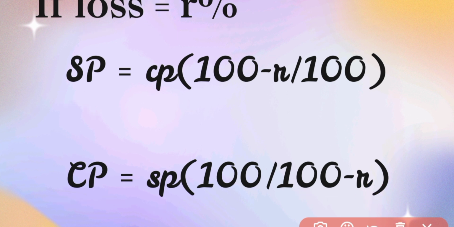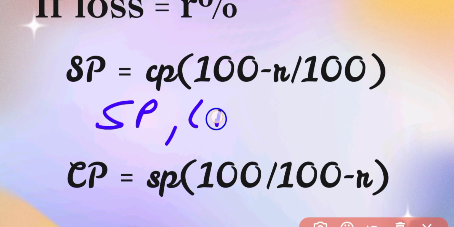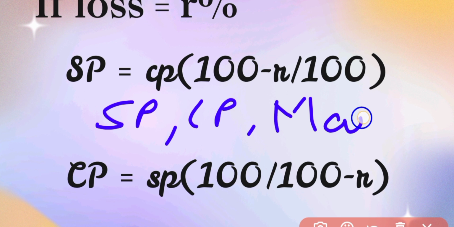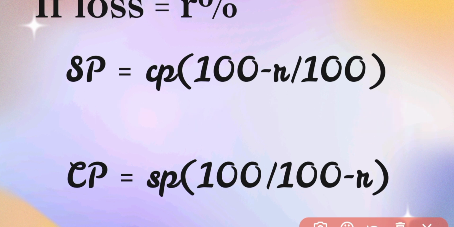But one more thing I want to tell you: there are three things, selling price, cost price, and one more price, which is marked price. This marked price means the price at which the item has been marked.